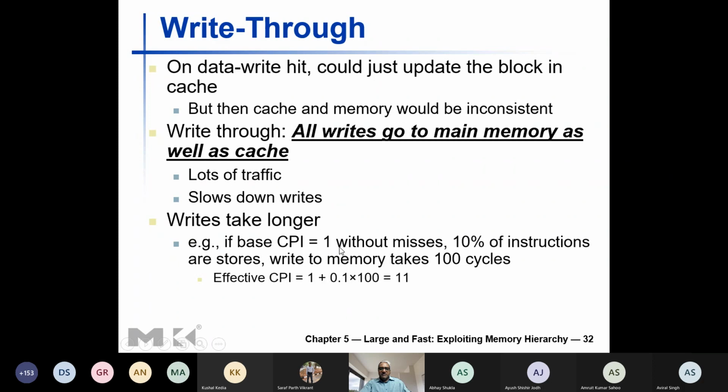On the whole, it will be one CPI, one clock cycle. But if there are misses, you need to stall the pipeline and handle the misses. That way the CPI increases to 11, about 10 times more.